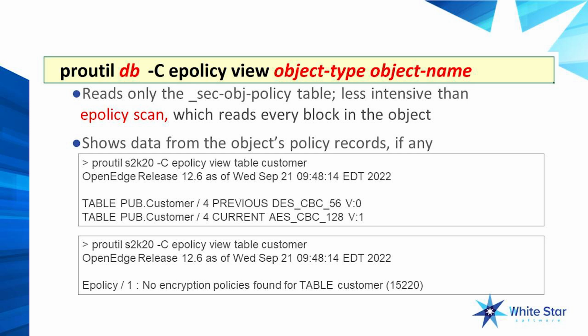Next, we've got epolicy view. It doesn't look at the blocks in the object. It looks at the policies in the policy table for that object and tells you what they are. So it's a lightweight command because it's just reading 1 or 2 records. So here's an example of an object with 2 policies. Here's an example of an object that's not encrypted at all.